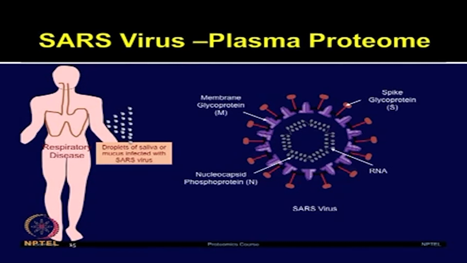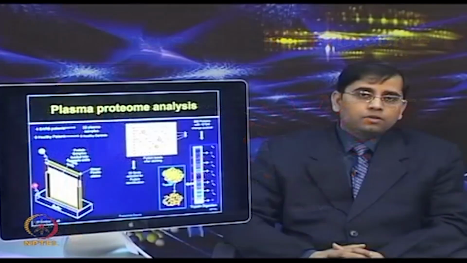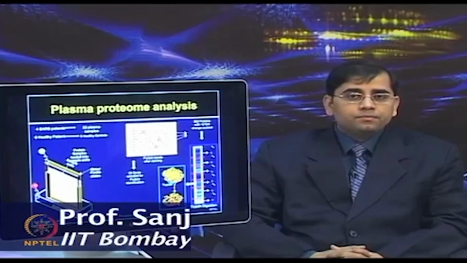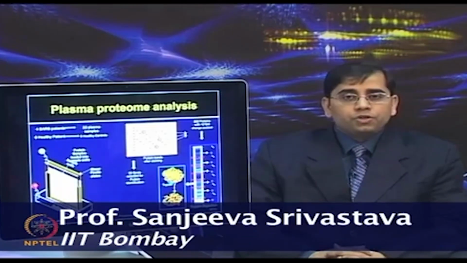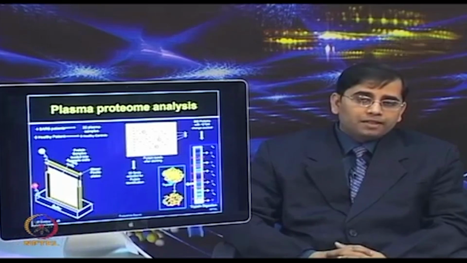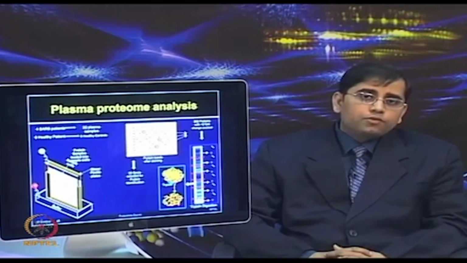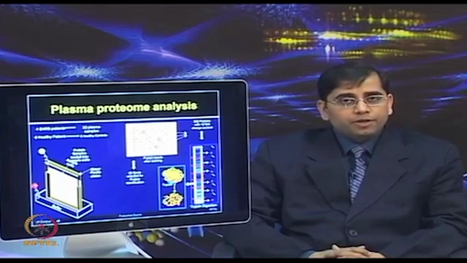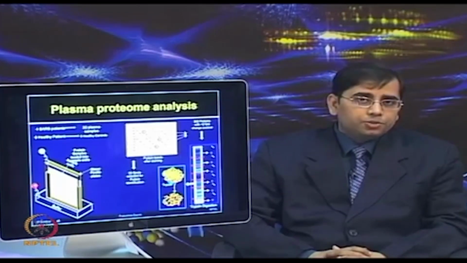So, authors used plasma samples for the analysis of proteomic alteration in the SARS patients. For the plasma proteomic analysis, authors explored the possible pathogenetic mechanism of progression of SARS by analyzing plasma proteins of 22 different plasma samples, which were obtained from 4 SARS patients and 6 healthy controls.